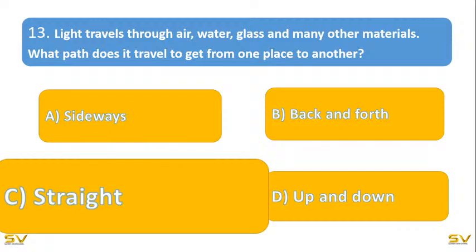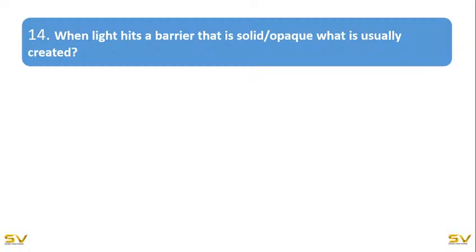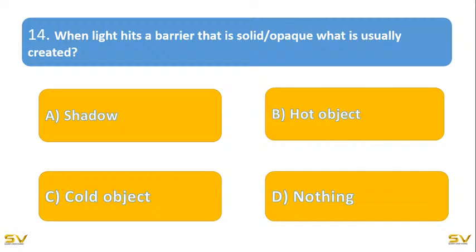So now coming to the next question. When light hits a barrier, that means a solid or liquid, what is usually created? Means when light is falling on an object which is solid, which we call an opaque object, what is created? Is it a shadow, a hot object, a cold object, or nothing?